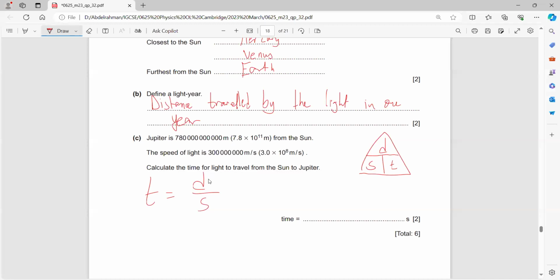When using your calculator, guys, use the fraction sign. Do not calculate on your calculator, for example, the distance, which is 7.8 times 10 to the power of 11, using the divide sign. Most probably you will use it wrong. Use the fraction sign. 7.8 times 10 to the power of 11 divided by 3 times 10 to the power of 8.